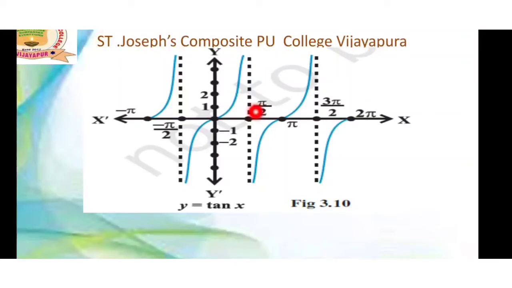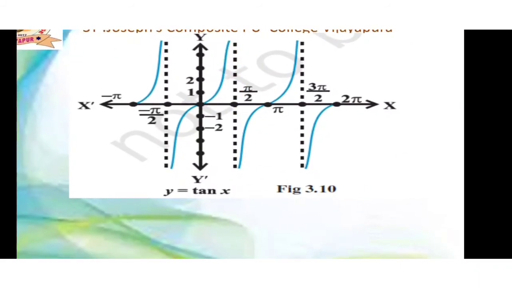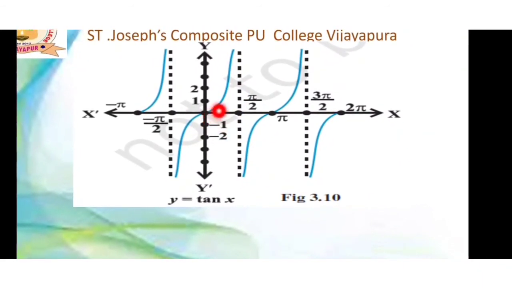We know tan 0 will be 0, tan 30 degree will be 1 by root 3, tan 45 is 1, somewhere comes here, and tan 60 degree is root 3, and tan 90 degree is infinity. When we are joining these points, we get this type of graph.